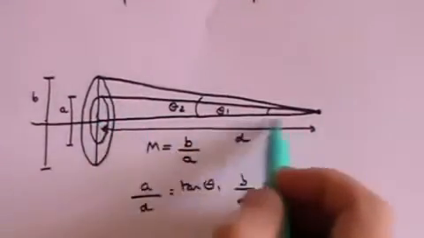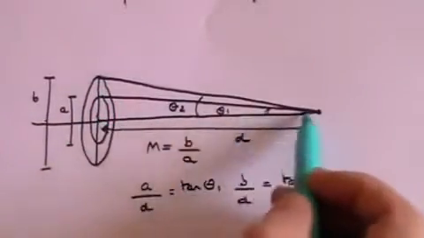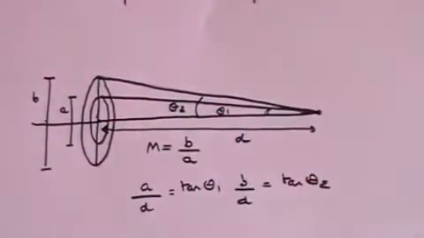So A over D is the tangent of theta 1, B over D is the tangent of theta 2.